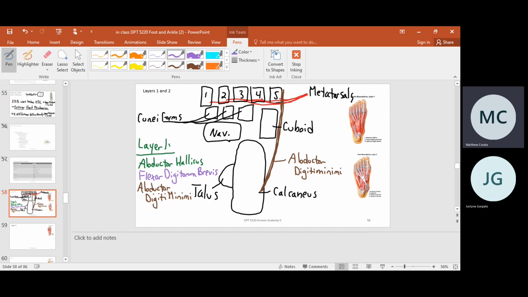Flexor digitorum brevis is going to come off of essentially the calcaneus and a little bit of the plantar aponeurosis. And it's going to do what it says and say what it does, right? It's going to flex my little digits.